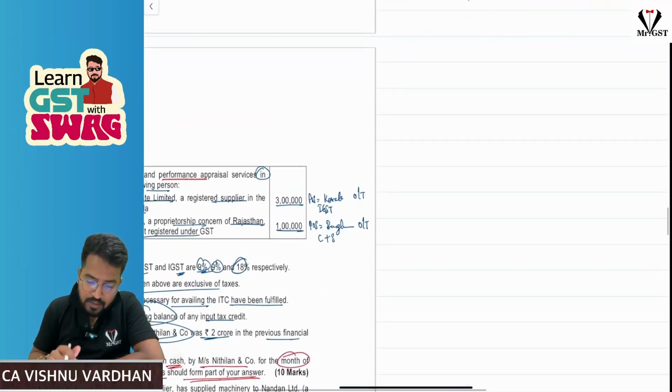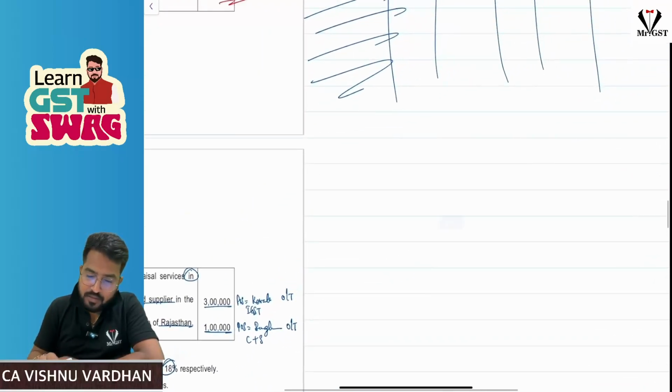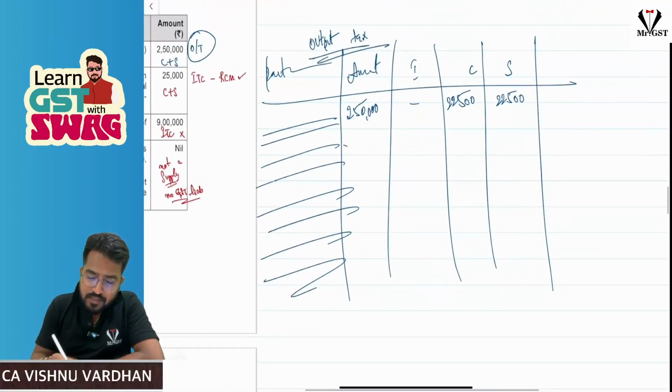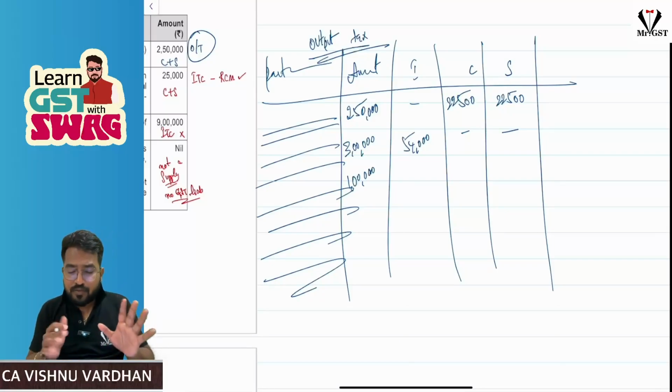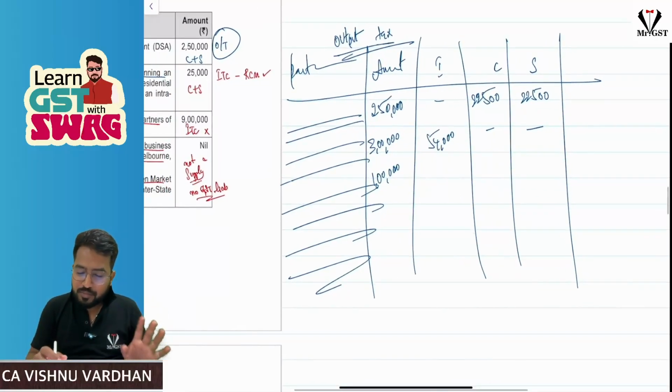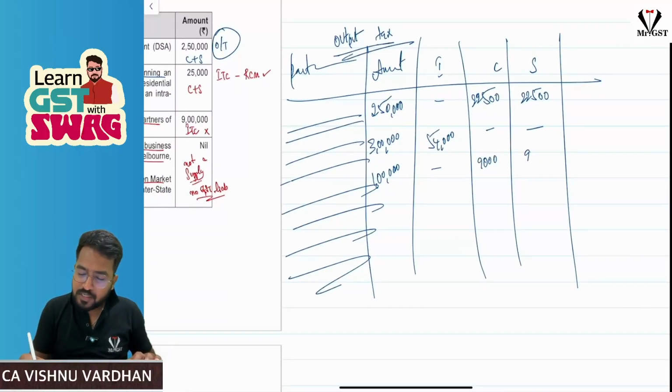Next one, sir, 3 lakhs and 1 lakh. If you see, 3 lakh is IGST. So 18%, 54,000 is the amount there. Next, 1 lakh is there. I'm just doing it quickly so that you understand the adjustments. The presentation part, everything you can take care of. So 9,000, 9,000.